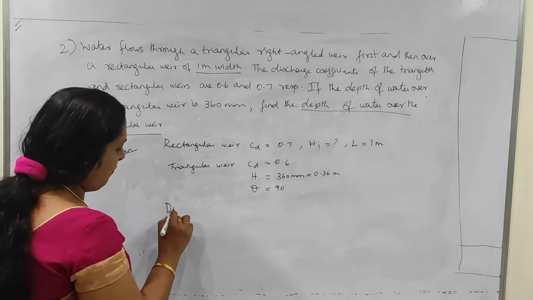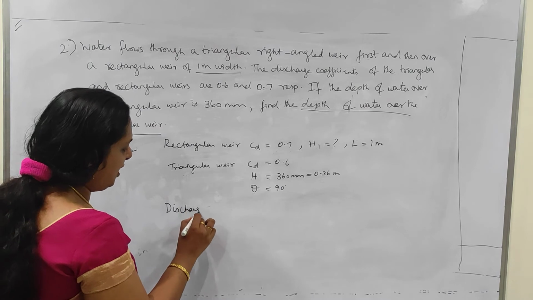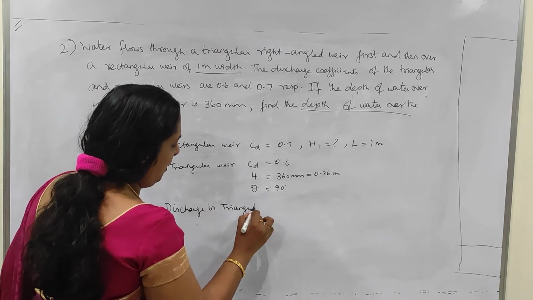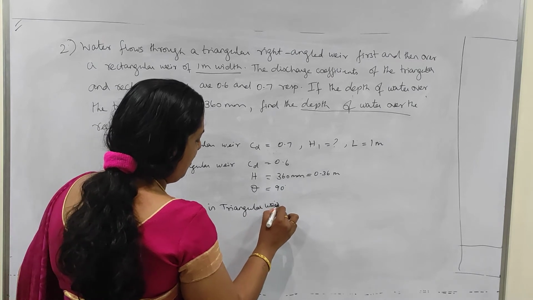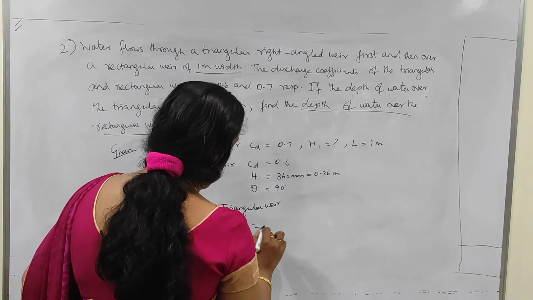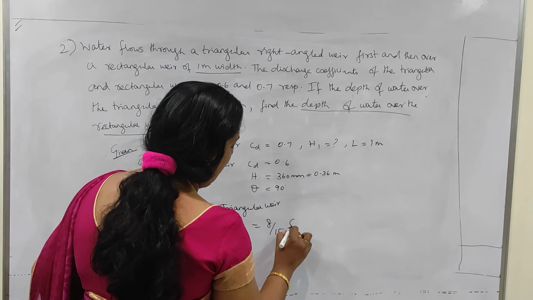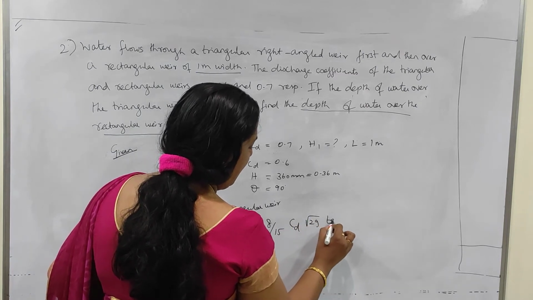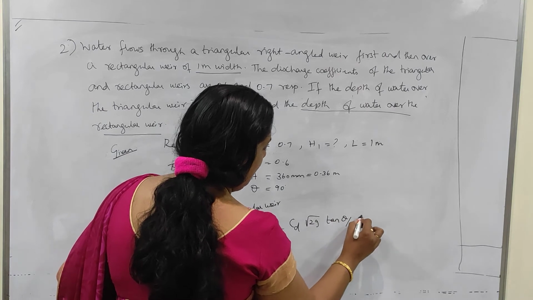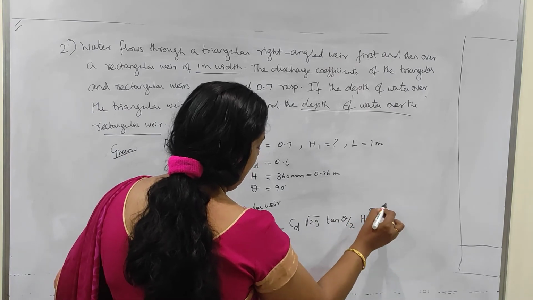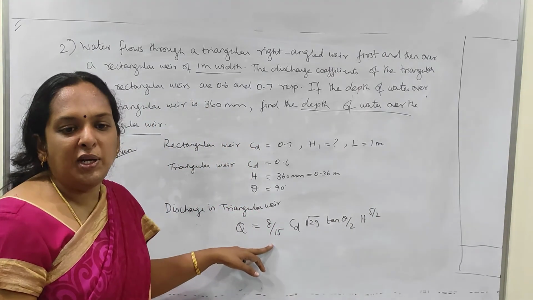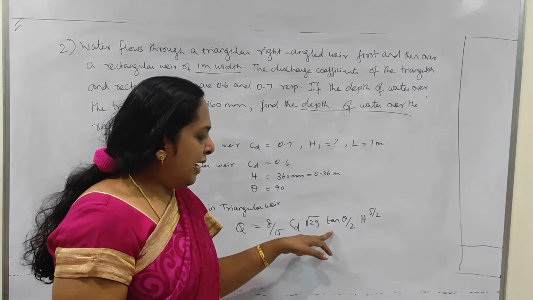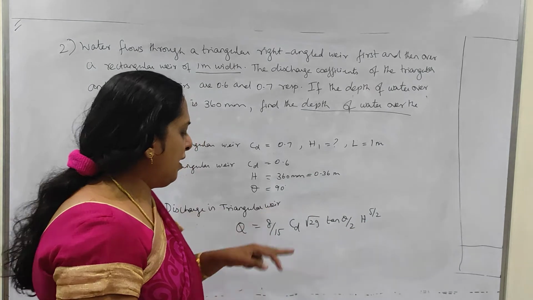So what is my formula for finding out the discharge in triangular weir? It's very simple. Just now we have derived that equation also. So Q is equal to 8 by 15 CD into root 2g into tan theta by 2 into h to the power of 5 by 2.